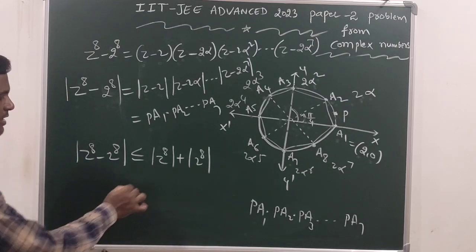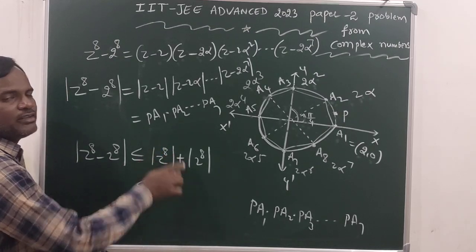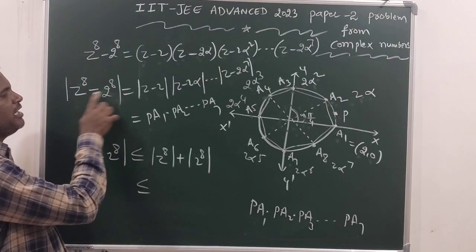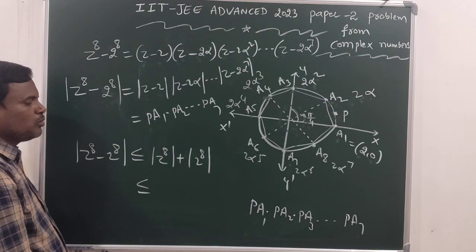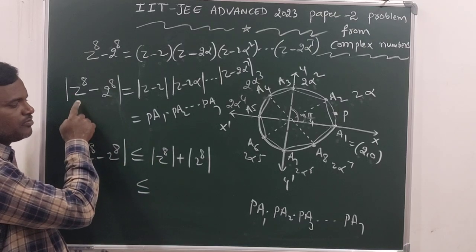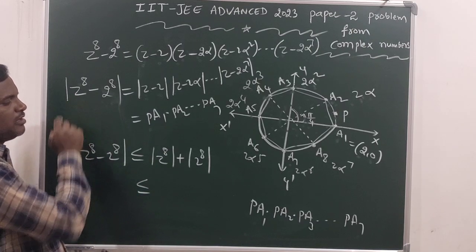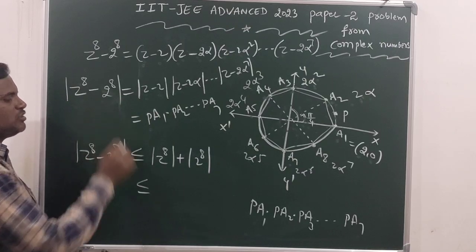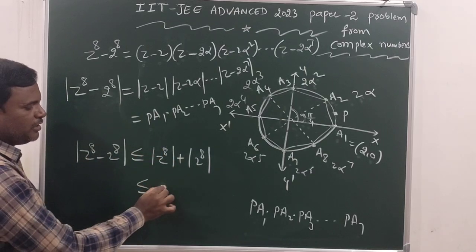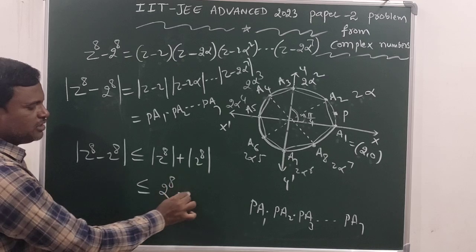Okay? Right. Now in place of this, what do you write? You can write on equating this one equals 0, because this is an equation. So, students, Z power 8 on equating this one equals 0, Z power 8 you will get as 2 power 8. In place of this you can write 2 power 8 and this is 2 power 8.